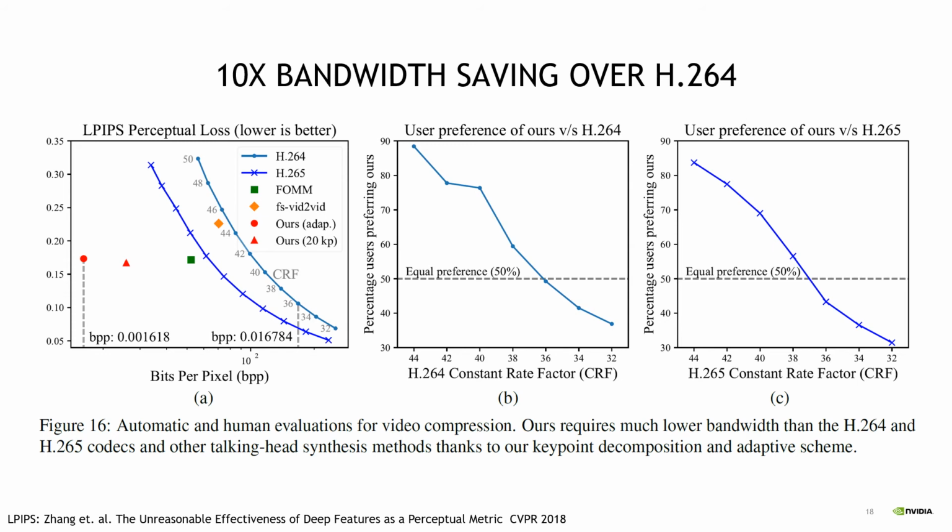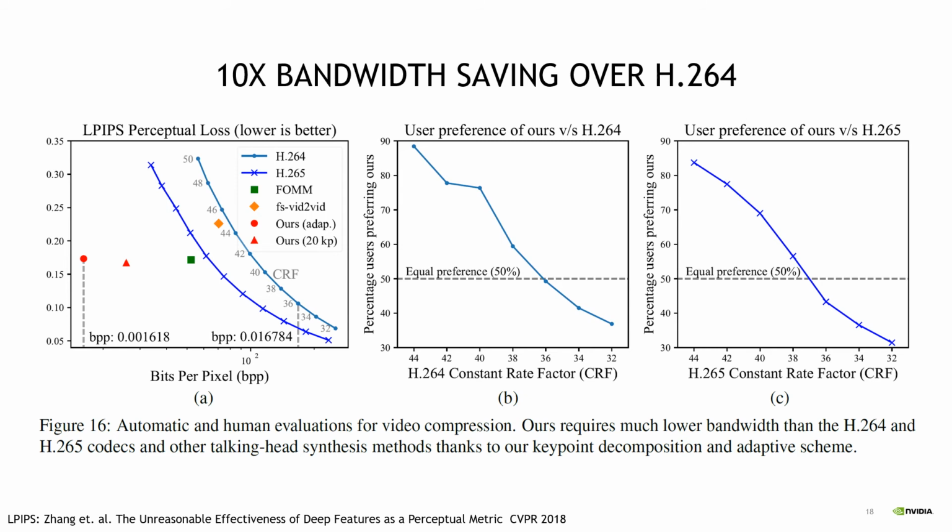We compare our neural talking head-based video conferencing system with H264, H265 and other baseline algorithms for video compression performance. So here are the experiment results. We show three figures. In the first figure, the x-axis is the bits per pixel, the average amount of bits required to transmit the videos.